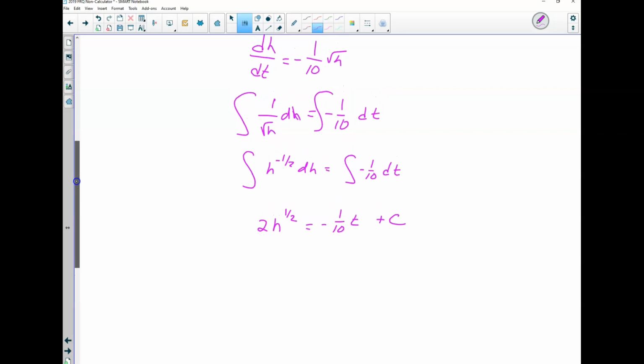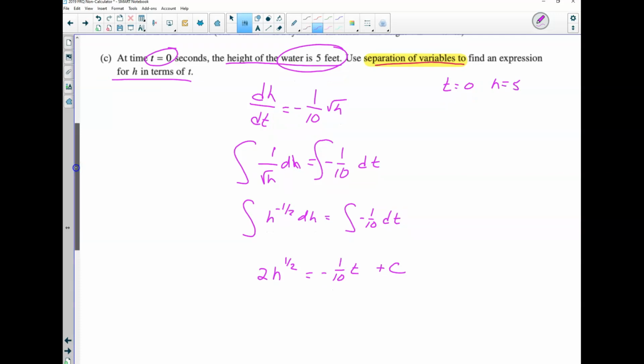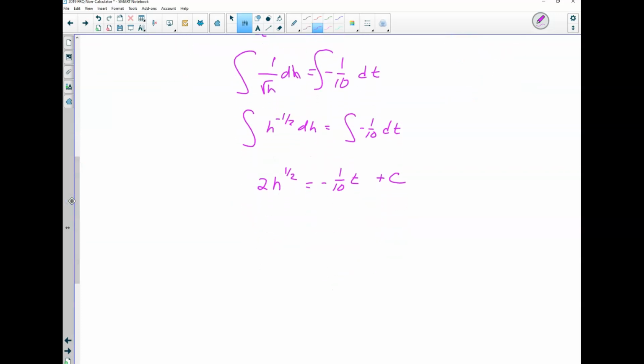Then they come back and they tell us the height of the water is 5 feet at 0 seconds. So t equals 0, h equals 5. That's what we're going to use to find our c. So I say 2 square root of 5 equals 0 plus c.